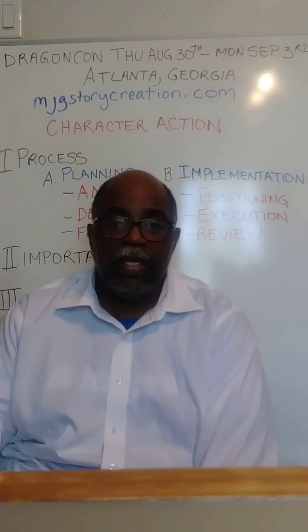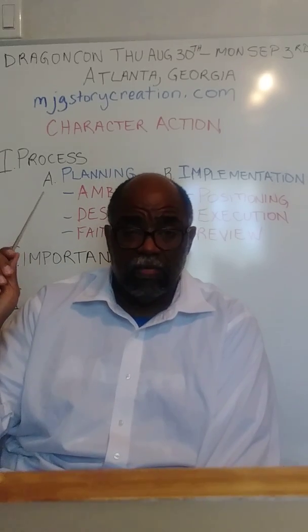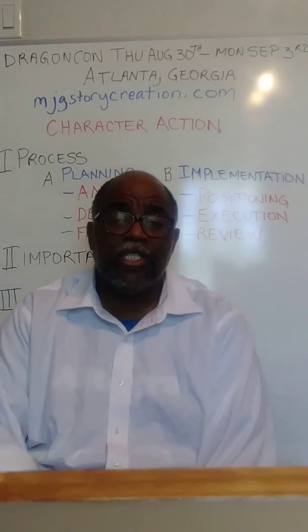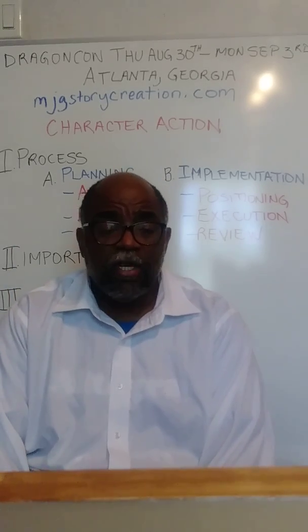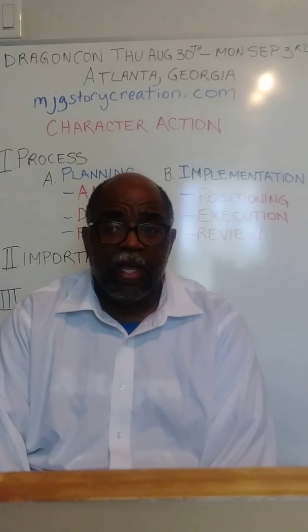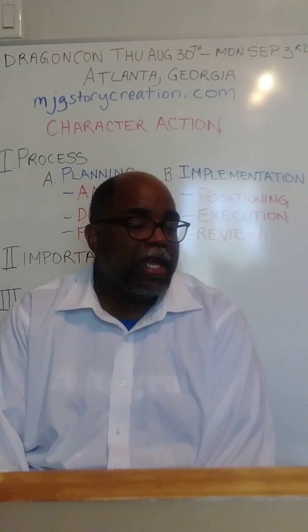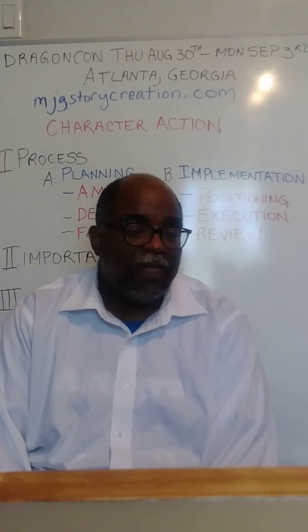So there needs to be some part of planning that they see with the character, and there needs to be an implementation that the audience sees in order to maintain emotional continuity. If you jump cut to a new scene and nobody knows what happened from before, people are going to get confused. So you have to work that out.